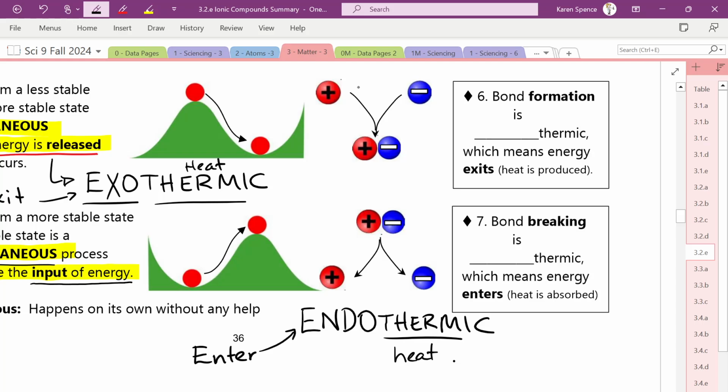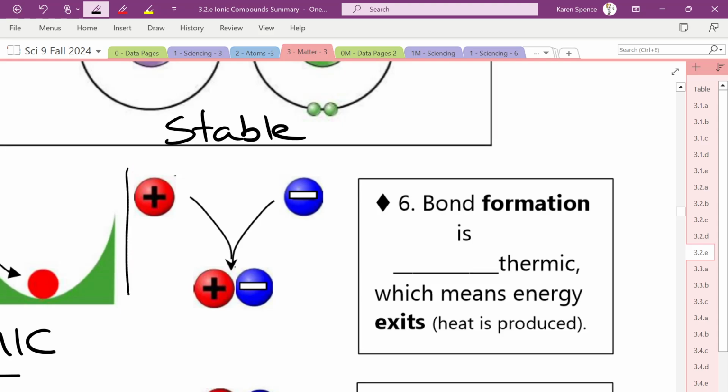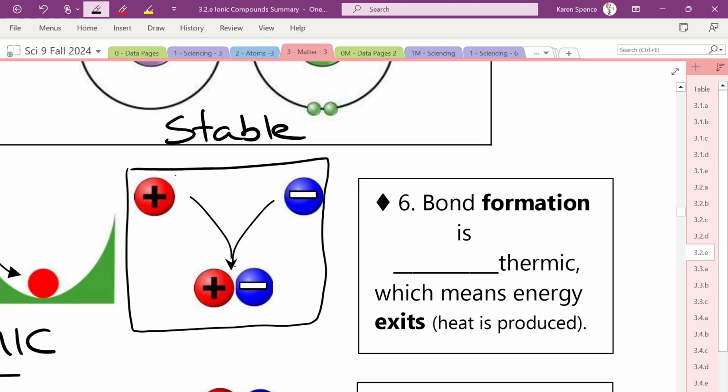So if we have this ionic bond right here, are we forming a bond or are we breaking a bond? We are forming a bond. So we are going from less stable to more stable.